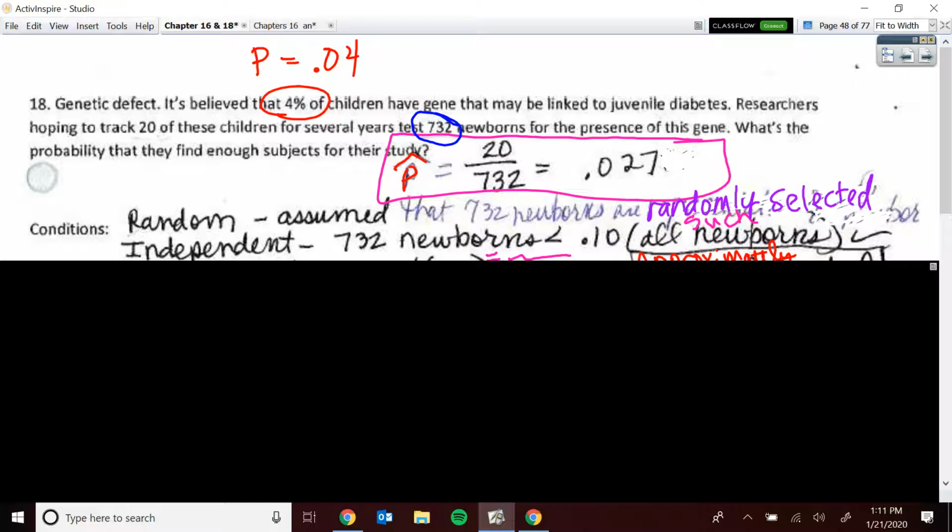Independent. N is less than 10% of the population. I wrote the word independent, and this is so that it's not too big. It won't change the probability. 732 newborns is less than 10% of all such newborns.